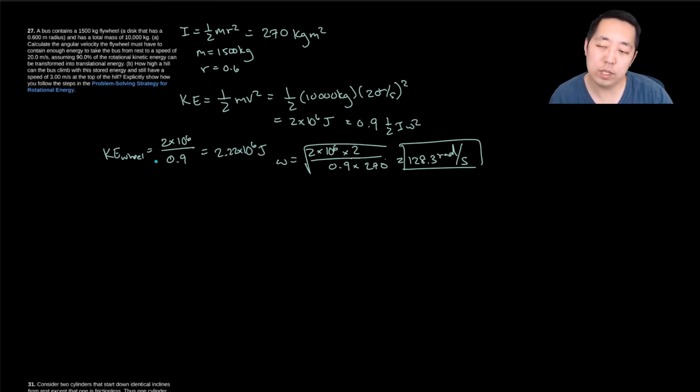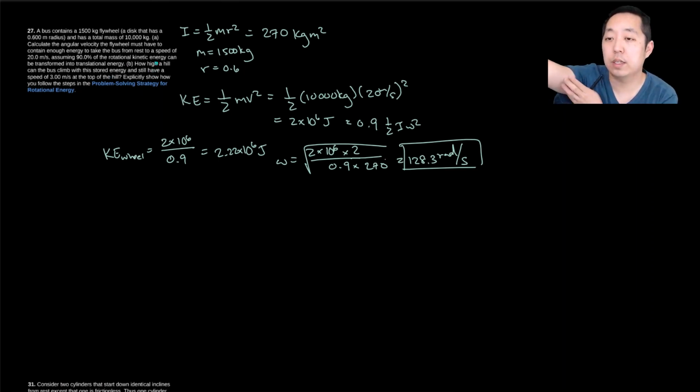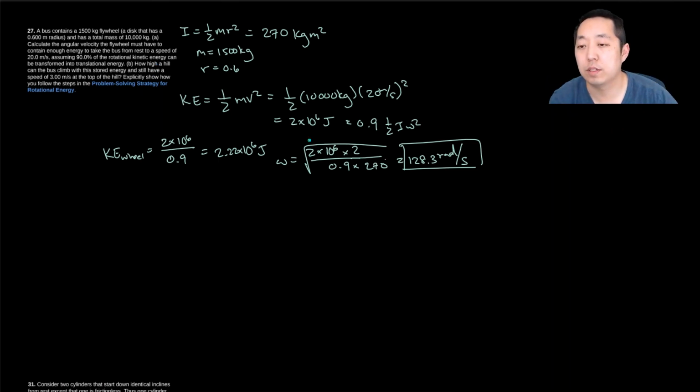Now, what would it take to take all of this energy and convert it to potential energy? This is kind of confusing. So at the top of the hill, I'm going to have some potential energy plus some kinetic energy, right?